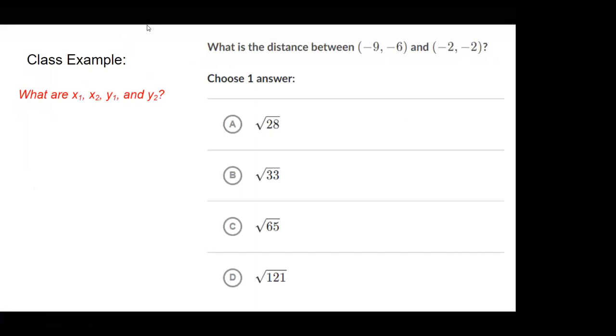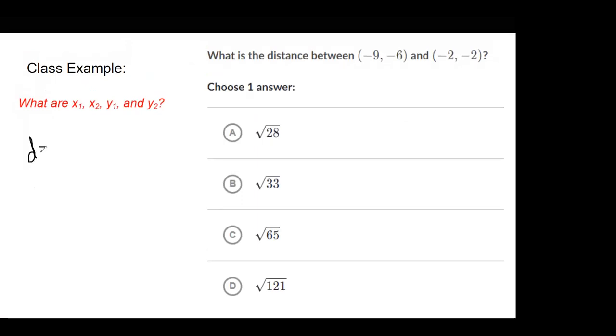Okay, our distance formula: (x2 minus x1) squared plus (y2 minus y1) squared, and that's all underneath the square root.